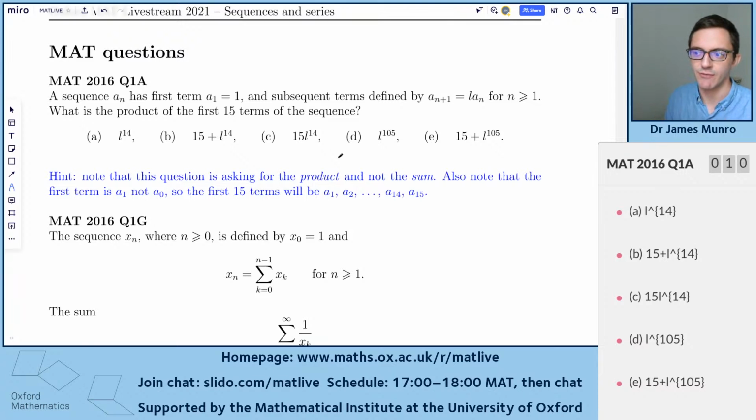A sequence has got the first term, a1 equals 1. So it's one of those sequences where we count from 1. And the subsequent terms are defined by a(n+1) is l times a(n) for n bigger than or equal to 1. What's the product? Product means multiply. What's the product of the first 15 terms, that means times, of the first 15 terms of the sequence? Okay.